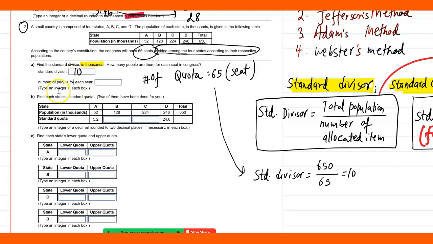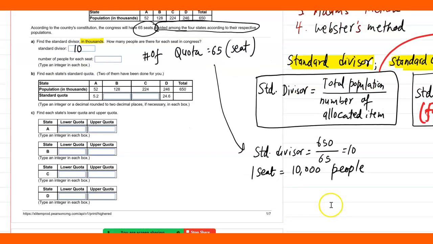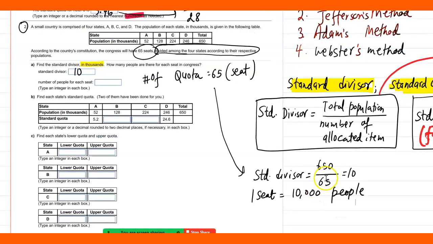Okay. Second part of this part A, the number of people in each seat. Remember that there are 650,000 people, and each one seat equals 10,000 people, right? Remember that one seat equals 10,000 people, two seats equals 20,000 people. So you can see that 65 seats equals 650,000 people.